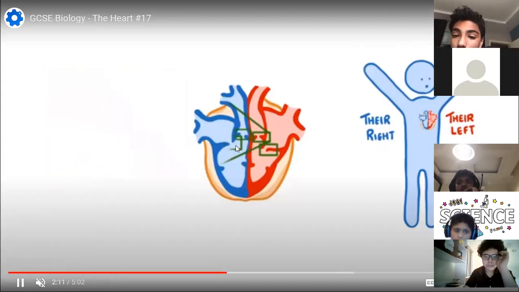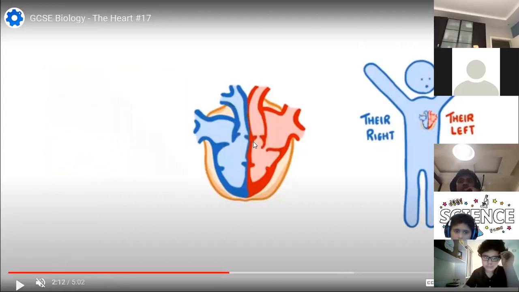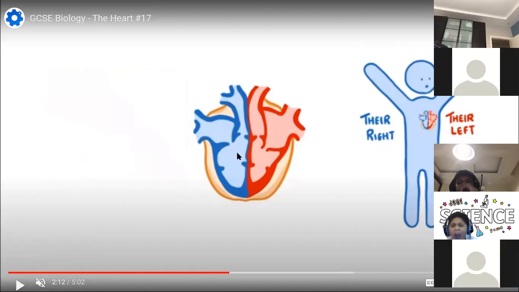So the valves are so important that if the valves do not work properly, the blood can go back into the atrium. For example, if the blood is being pushed from the atrium to the ventricles, then they have to close this gate because the ventricles are about to contract and push the blood out. They have to push the blood out to the lungs or to the body.